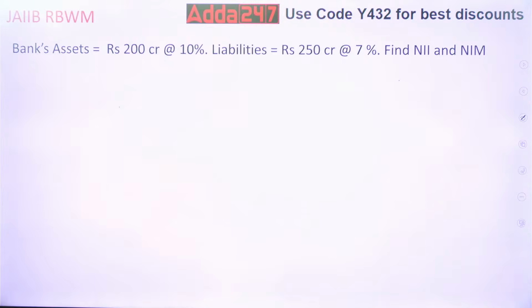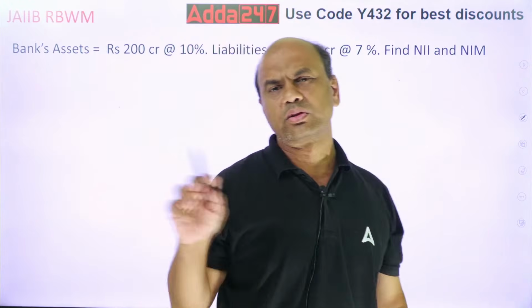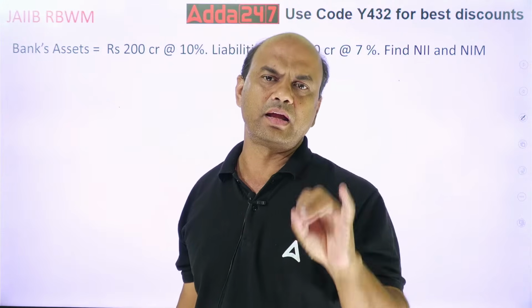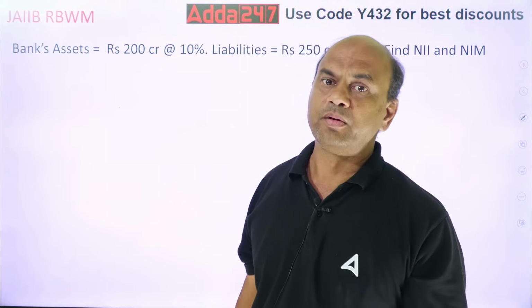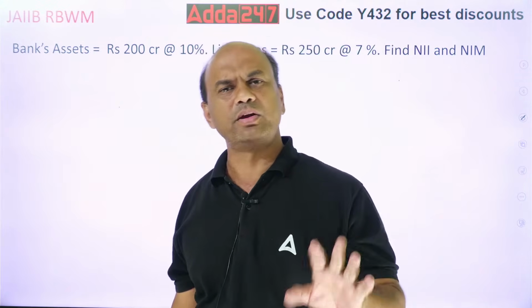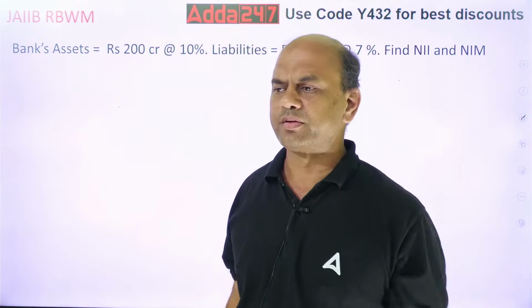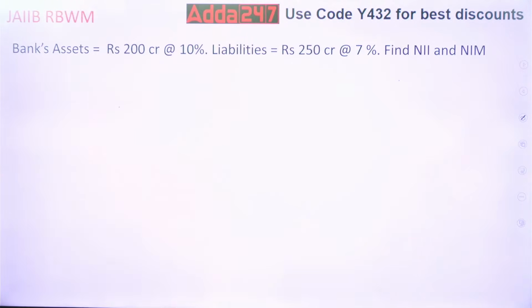See, I told you in the initial stage, when we started the lecture, that I'll try to cover all the numericals: ROA, ROE, leverage, NII, NIM. All of them have been covered, right? Because I know in exam it will be asked. You need to be very clear in the concept. So now, give me the answer for this. NII and NIM.